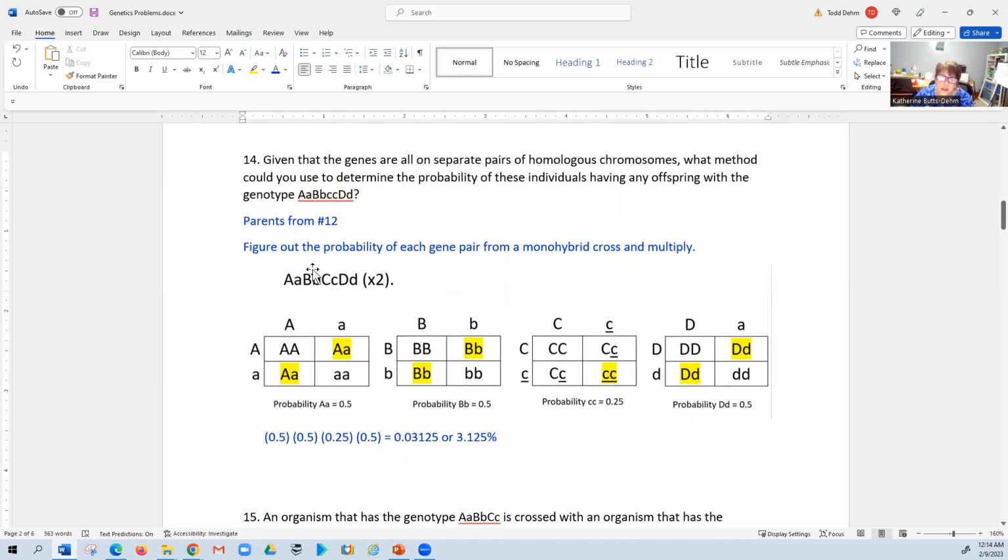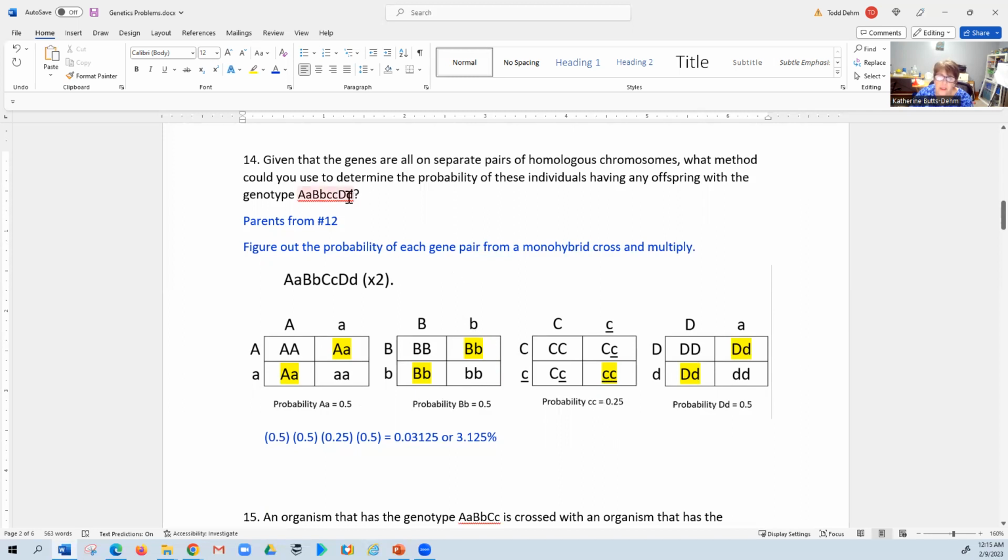So the probability of having a het with the A's is going to be 0.5. The probability of a het with the B's is 0.5, big B, little b. The probability of having homozygous recessive for the C's is going to be 0.25.